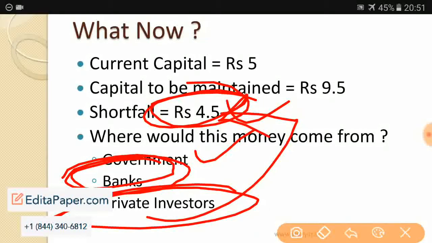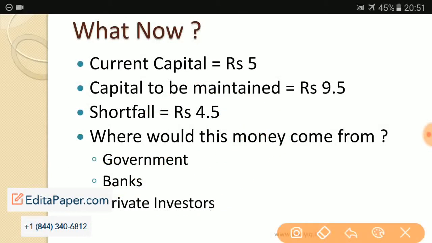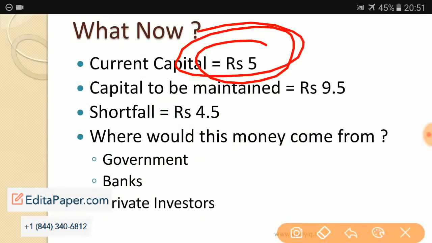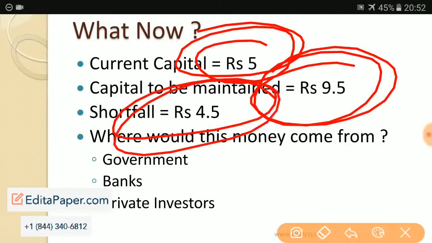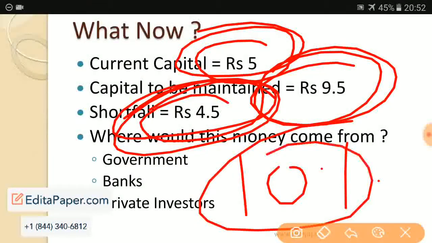So basically the current scenario is that we have 5 rupees in our capital base and we need to maintain the capital base at 9.5 rupees, and so we have a shortfall of 4.5 rupees. We need 4.5 rupees to meet the Basel III norms so that 10% of the loan can be maintained as the capital base.